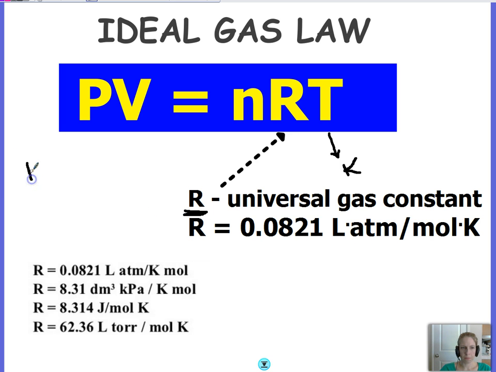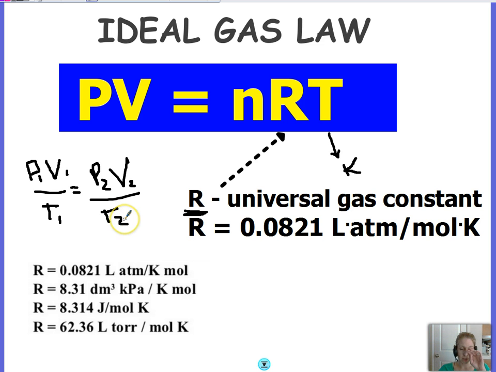By now we're pretty familiar with our combined gas law, which is P1V1 over T1 equals P2V2 over T2. And this one was great for looking at what would happen to the gas when we change one of the variables. So if we decrease the volume, what would happen to the pressure and temperature?